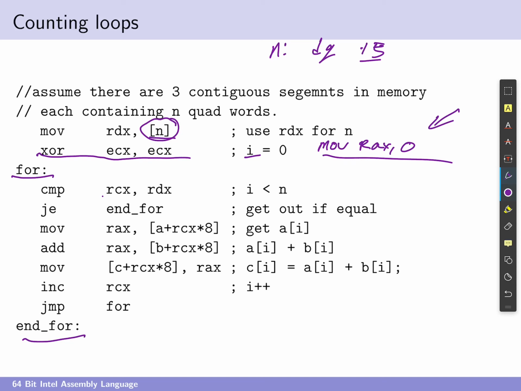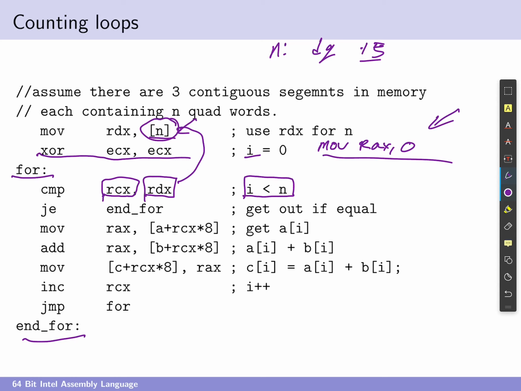First thing I'm going to do is compare RCX. So remember, RCX is my index with RDX. And remember, RDX was just loaded from memory. That's just N, so the size of the array. So I'm doing a comparison between the two. And basically, if I'm in a situation where I is actually not less than N, if that condition is not true, I want to jump to the end.